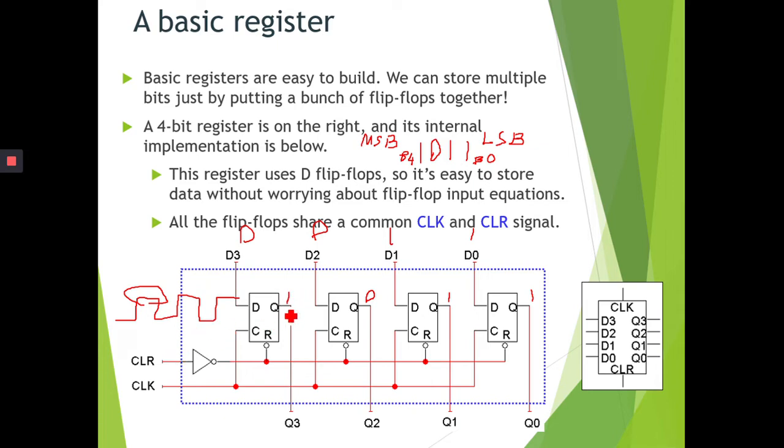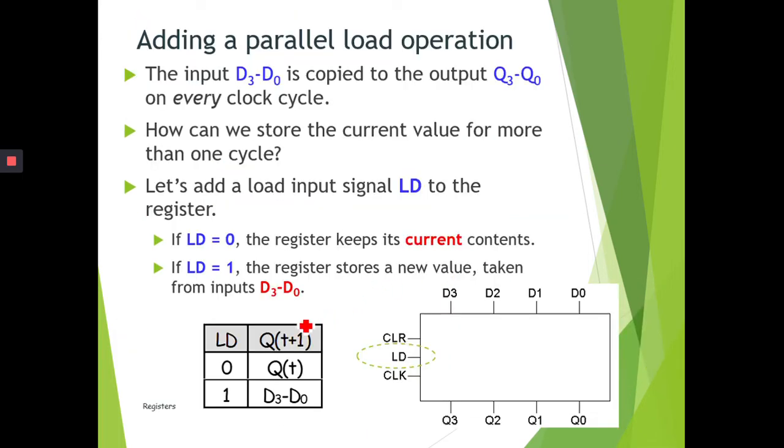Whenever the clock signal is high, 0 goes through the D flip-flop here, 0 on D2, and then 1 here, and also 1 here. That is what is meant by LD equals 1. The register will store a new value taken from inputs D3 until D0.